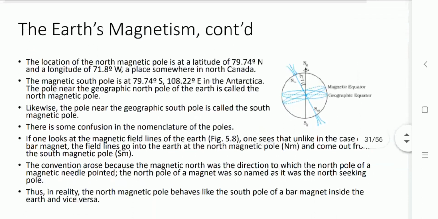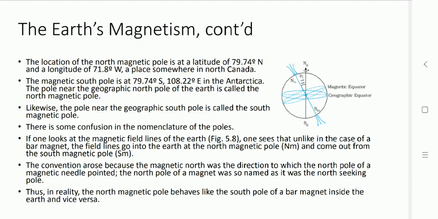As is shown in the diagram, the axis of rotation and the magnetic dipole line are at an 11.3 degree angle. So the north pole is defined at a latitude of 79.74 degrees north and longitude of 71.8 degrees west, somewhere in northern Canada.